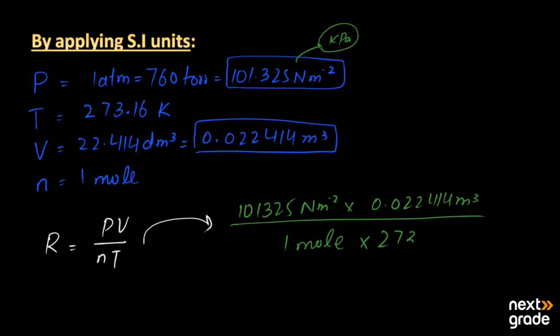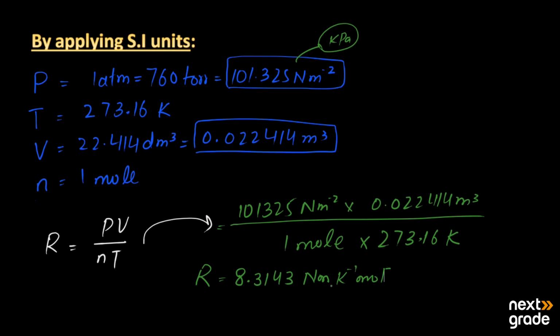The temperature is 273.16 Kelvin. At the end, the value we get for the general gas constant is 8.3143 Newton meter per Kelvin per mole.